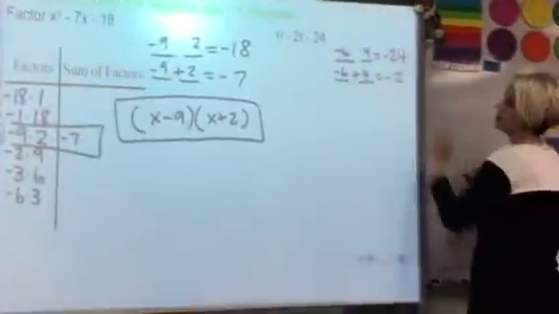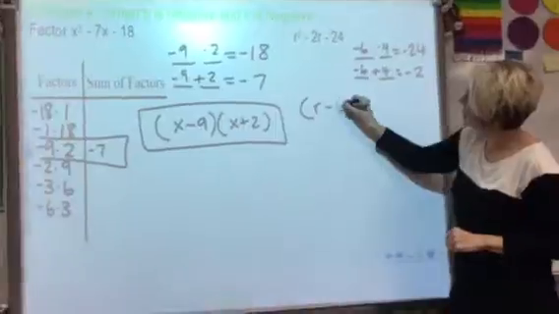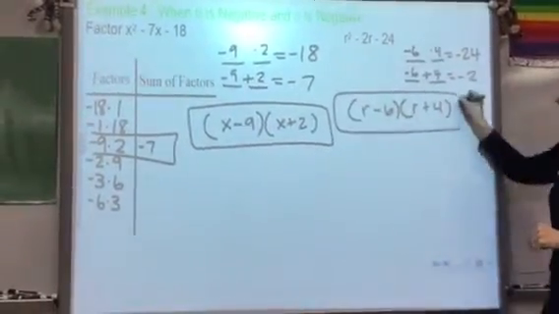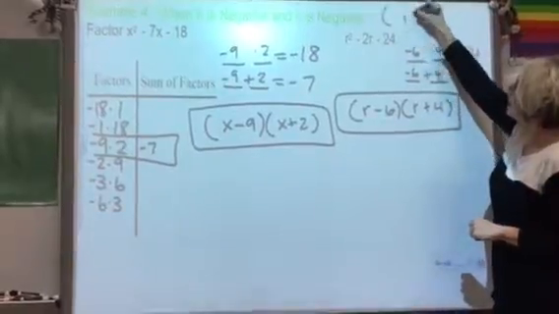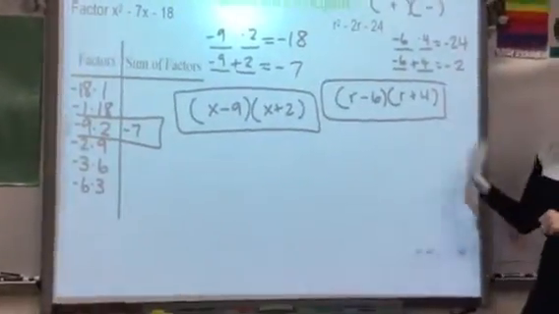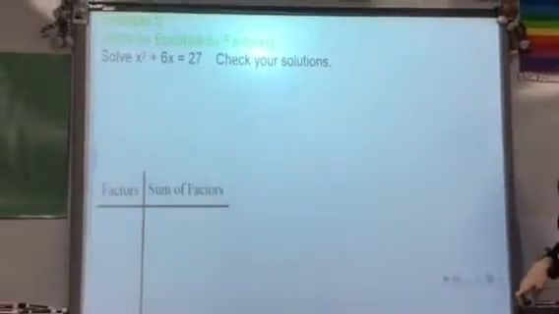So the bigger one has to be negative. So in my result, I have r minus 6 times r plus 4. You're going to see a plus minus relationship again when I have both terms negative. One's going to be positive, one's negative. All right, so you try the example in your notes.